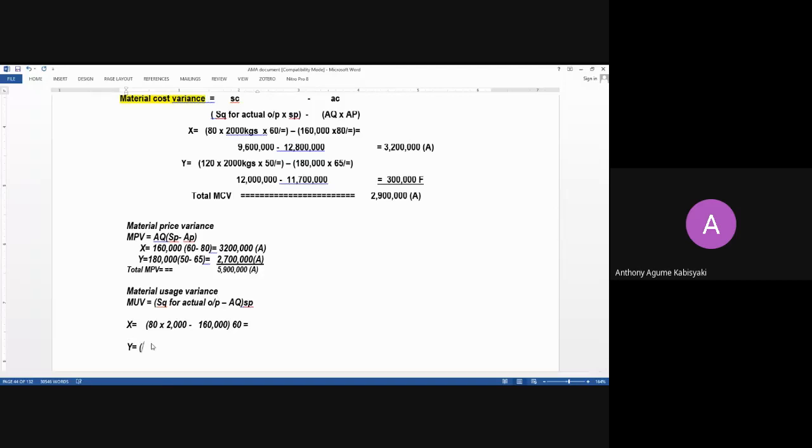Then for Y, 120 times 2000, then minus actual, which is 180, minus 10 times standard price, which is 50. So give me the variance for X here. When you look at consumption, 80 times 2, that is 160,000.